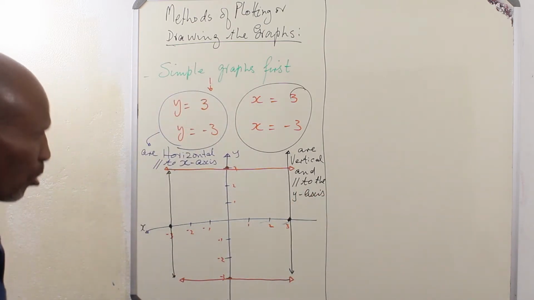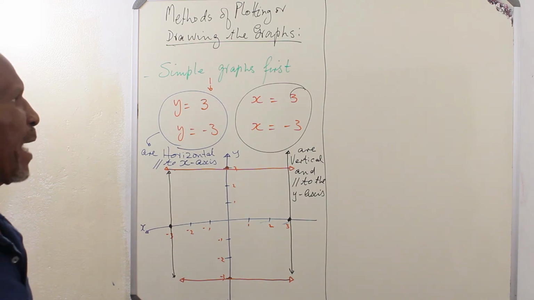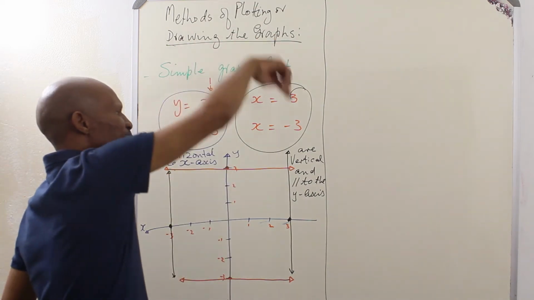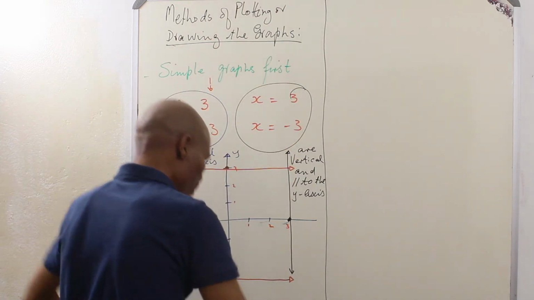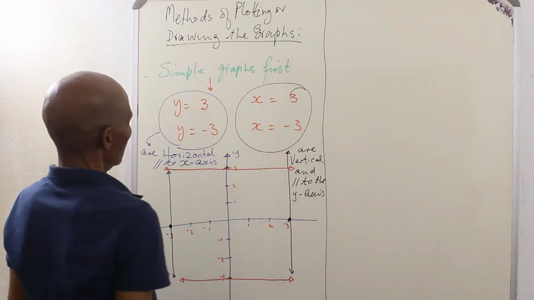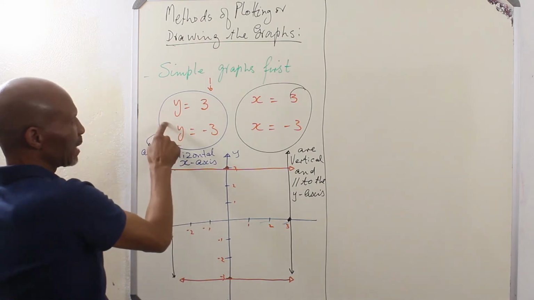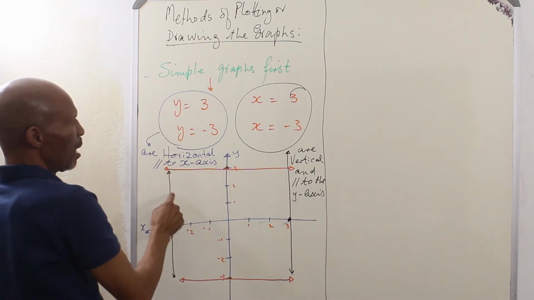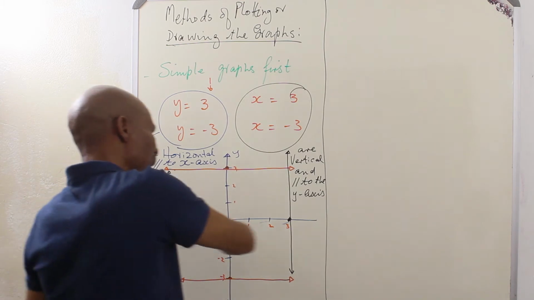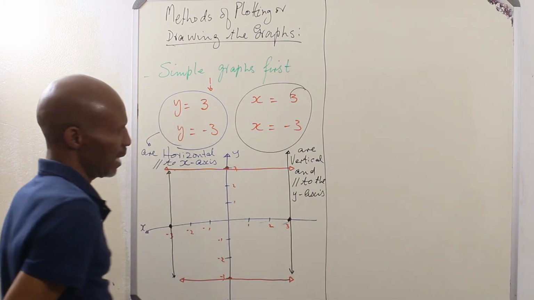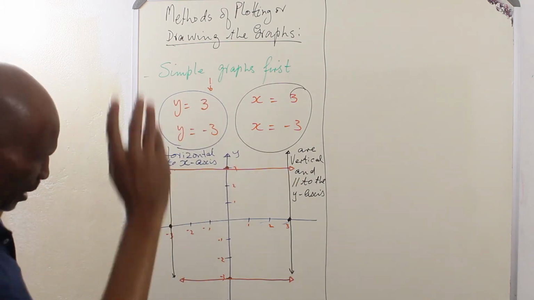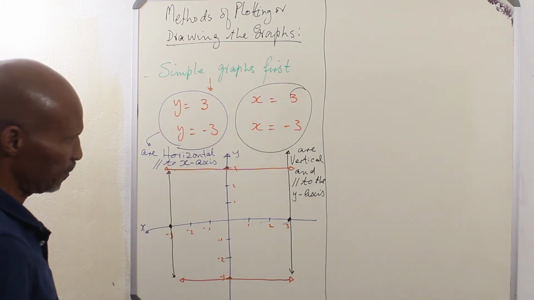Uma nje graph yakho izothi x equals to a number, that graph is vertical from top to bottom, or bottom up. If it's y, that graph is horizontal. Horizontal, parallel to the x-axis. Ulayini uvela uyidlulele nje kuleyo number leyo.